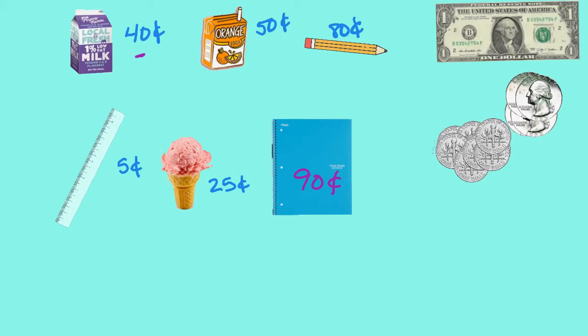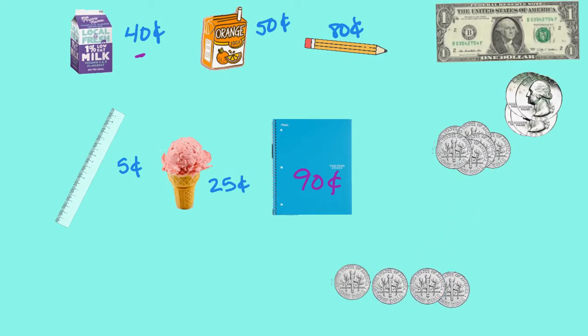So we have 40 cents, and then we're going to count up to $1. 50, 60, 70, 80, 90, $1. So the change that you need to give is 10, 20, 30, 40, 50, 60 cents. Okay?